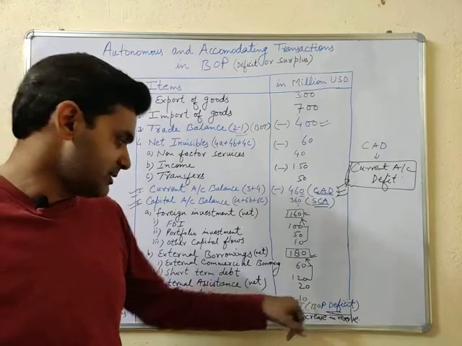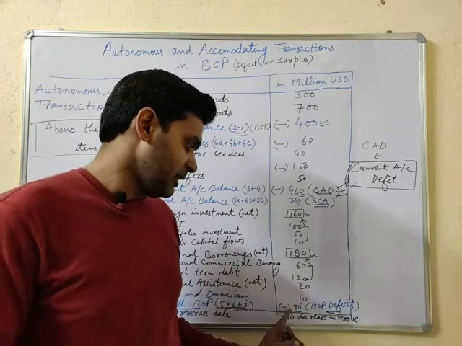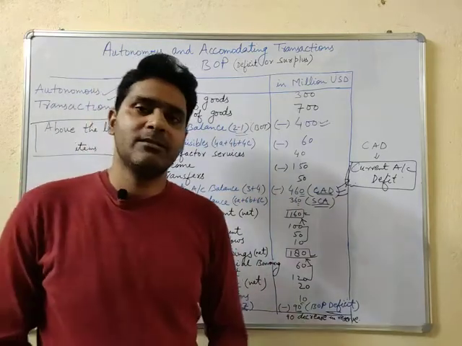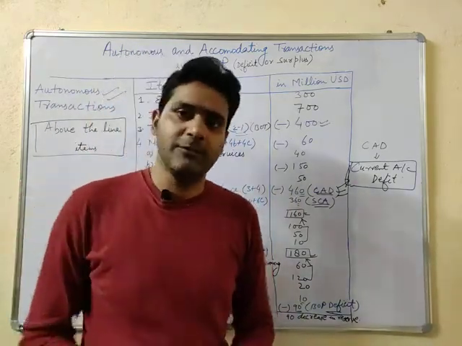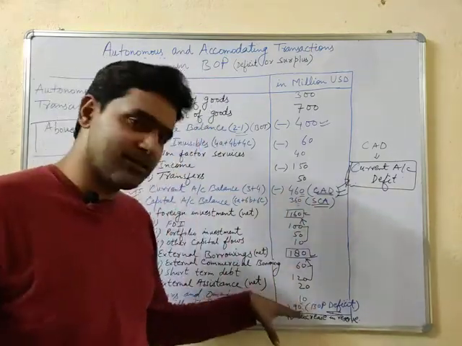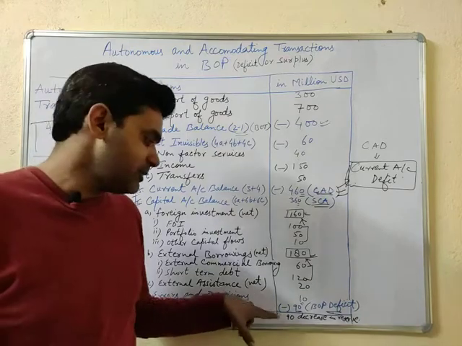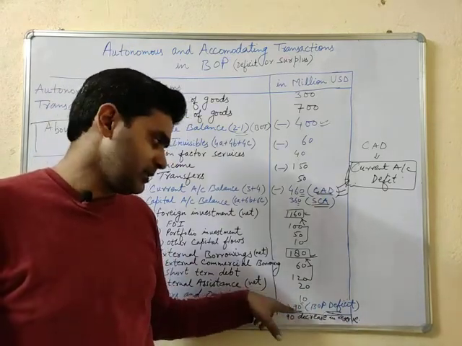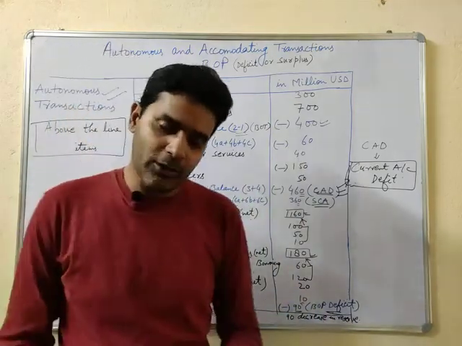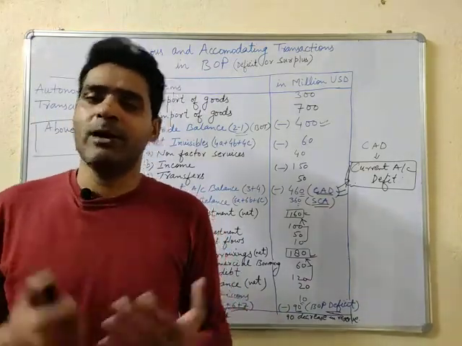Then we deducted this 10 million US dollars of errors and omissions, and we arrived at this 90 million US dollars, which reflects the overall balance of payment deficit. As the capital account surplus has been used up, to accommodate this deficit we took the help of official reserve sale, which caused the decrease in official reserve by this amount, which is 90 million US dollars. So this is all about autonomous and accommodating transactions in balance of payment.